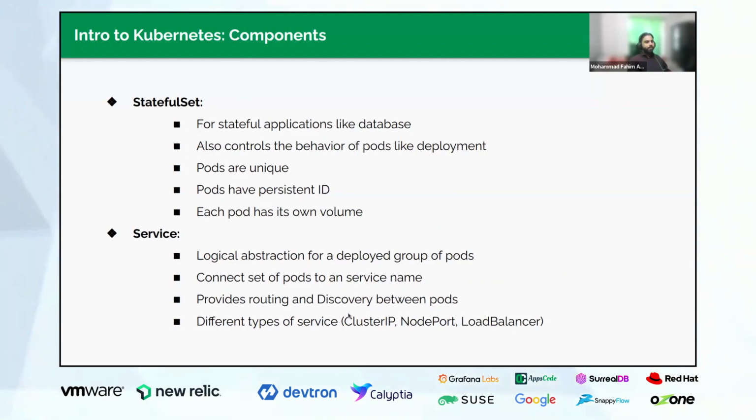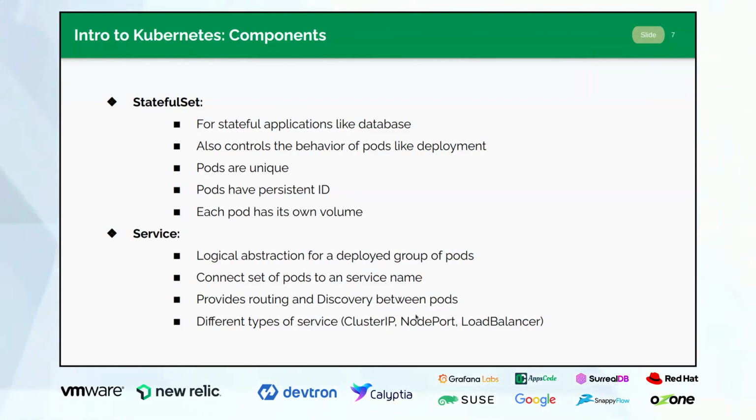And there is the concept of service. Service is nothing but a logical abstraction of a deployed pod. A service can actually select multiple pods and route its network queries to the specific pod. So you can connect a set of pods by a service name. It provides routing and discovery between pods.